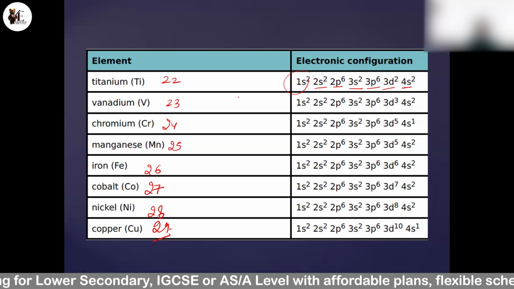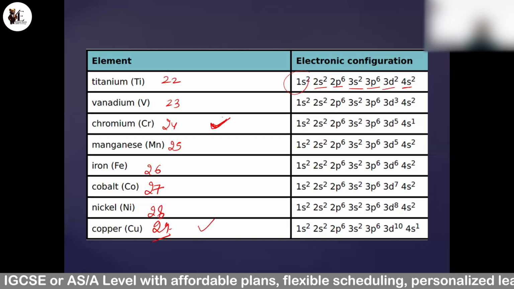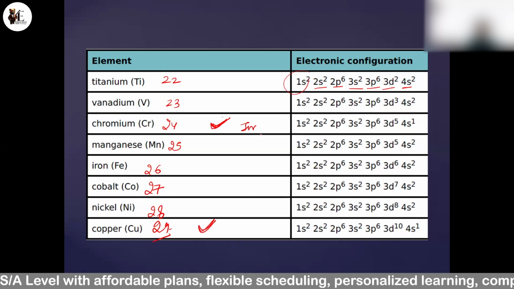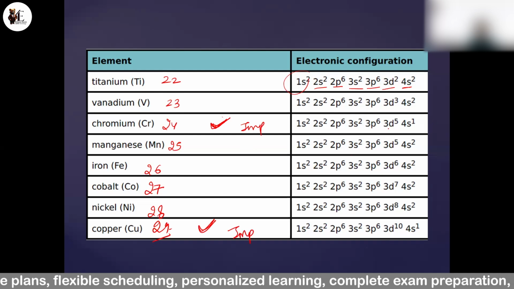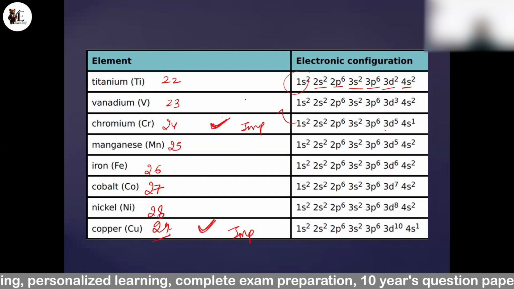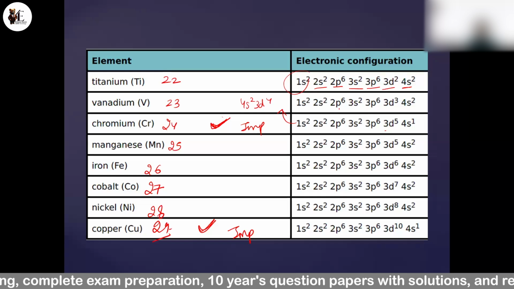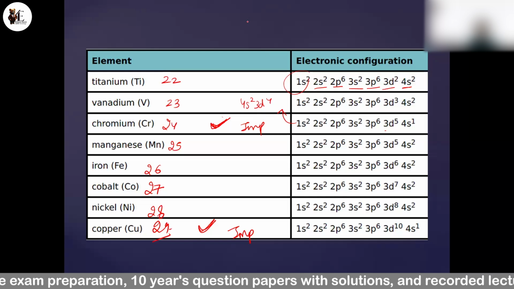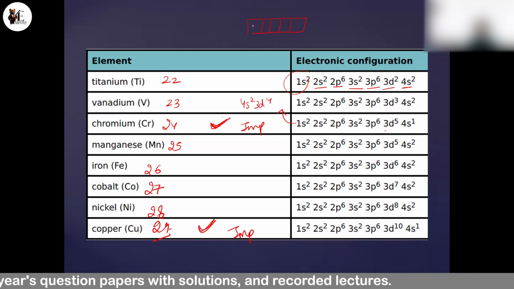In these cases, chromium and copper are very important because they are exceptions. Why are they exceptions? Because see here, it should be 4s2 first, and then according to the Aufbau rule, it should be 4s2 3d4. But due to extra stability of the d5 configuration, it becomes 3d5 4s1.